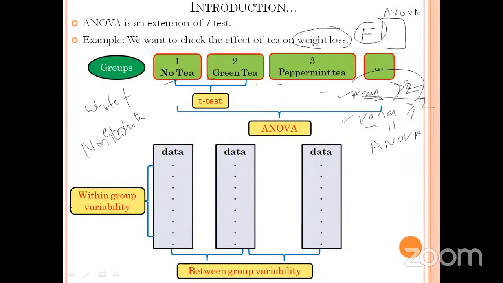Now, what is within group variability and between group variability? See, whenever we are trying to study correlation, or whenever we are trying to see a significant difference, these are the terms: significant difference, or a correlation which is not spurious. Spurious correlation is what?